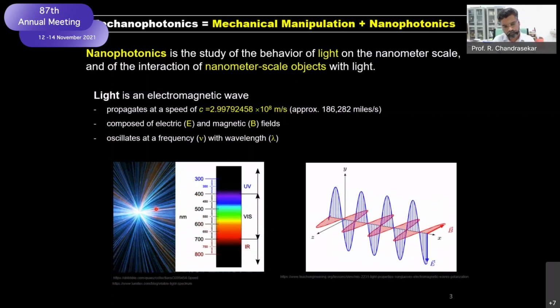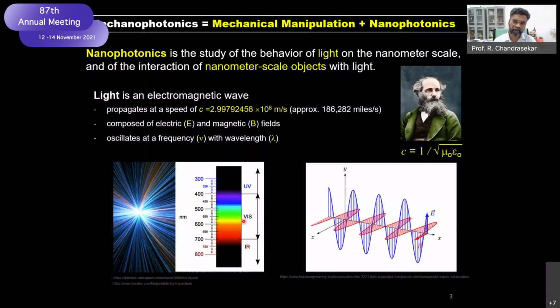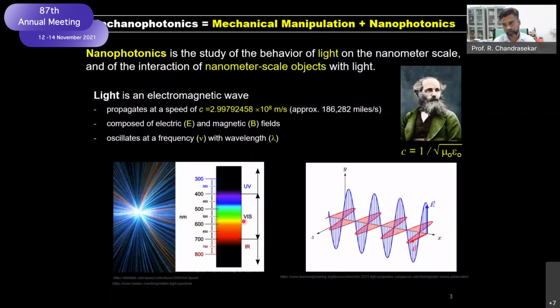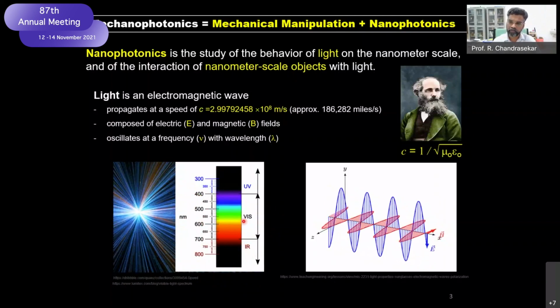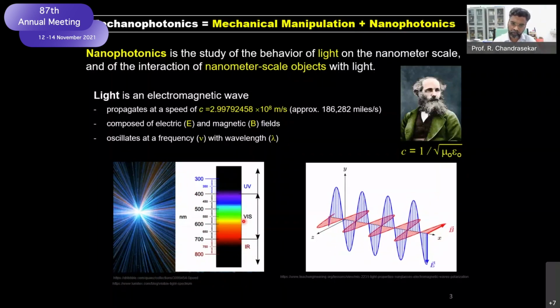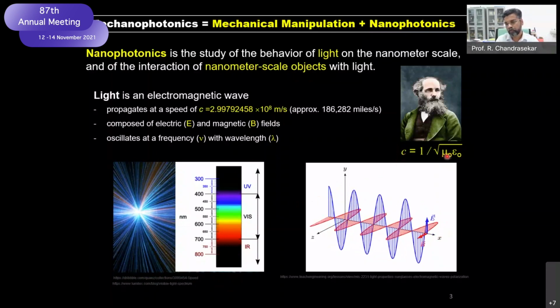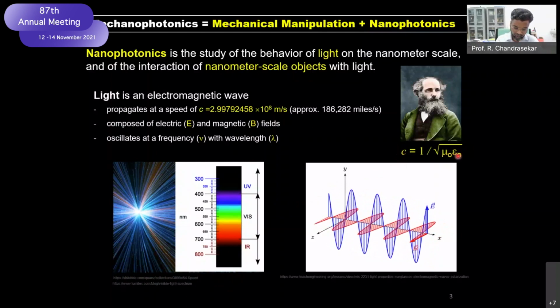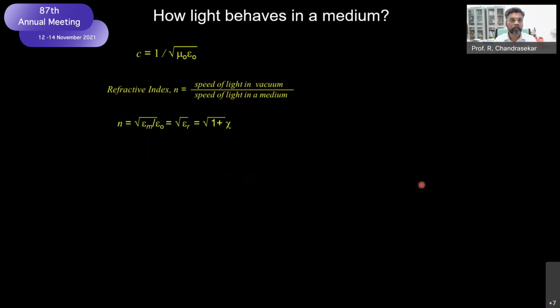It is very important to understand how the speed of light is connected to the material's properties. Look at this beautiful equation that emerged out of James Clerk Maxwell's four beautiful equations. The last equation connects the velocity, the speed of light, with the magnetic permeability and electric permittivity of the medium. In this case, it is given for vacuum.